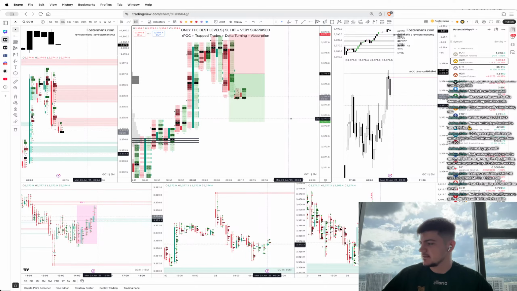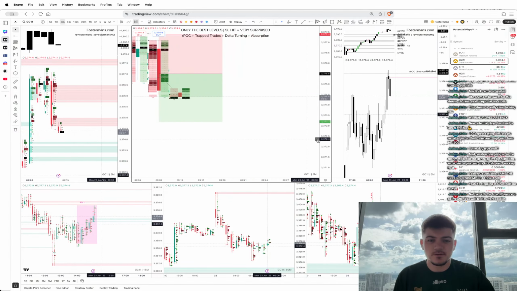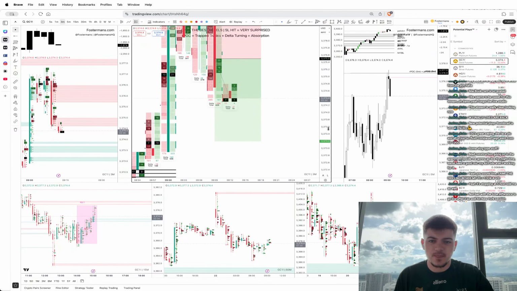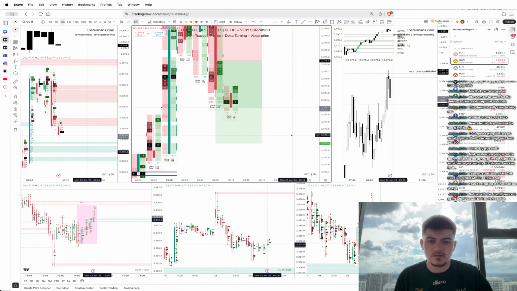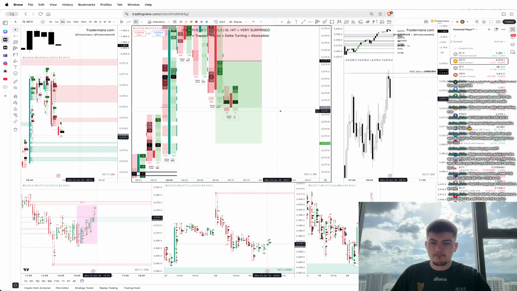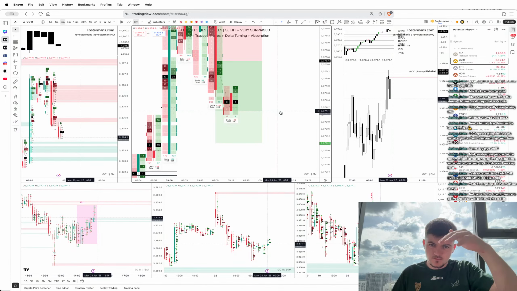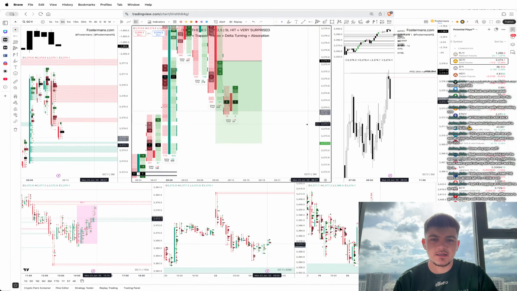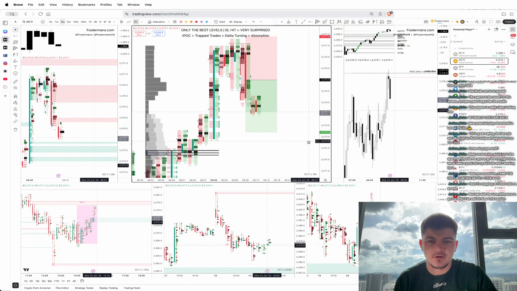Come on. Let's monitor this Delta. Okay, so Delta's still looking decent. Yeah, okay, so we just got that, so that's us break even.